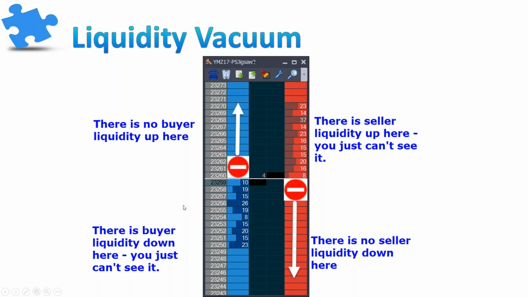And this is important. It means as we move up, we're actually moving up into areas where no buy side liquidity exists. So when we move down, we're actually moving down into areas where no sell side liquidity exists. That means in a move up, we get a relative liquidity vacuum behind us. It takes time for these bids, these limit orders, to build up behind a move.